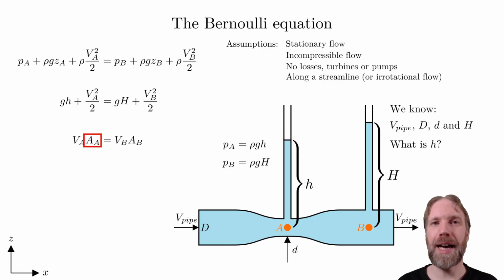This area is pi d squared over 4. And this area is pi capital D squared over 4. Pi over 4 cancels. Solve for VA.